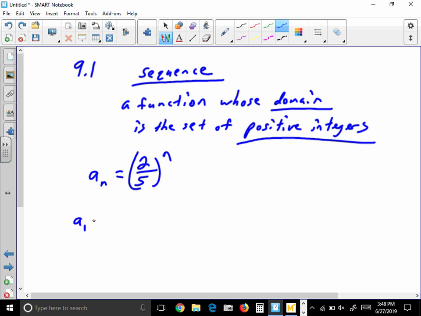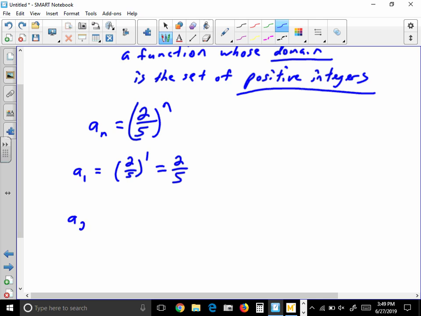So a sub 1, which is considered the first term in the sequence, would be (2/5) to the first power, which is, of course, just 2/5. A sub 2 would be (2/5) to the second power.